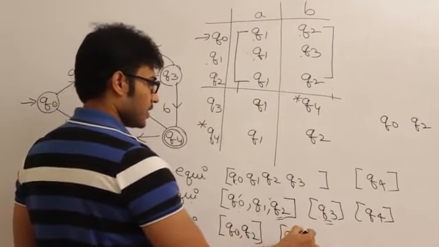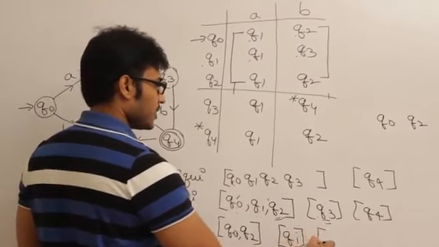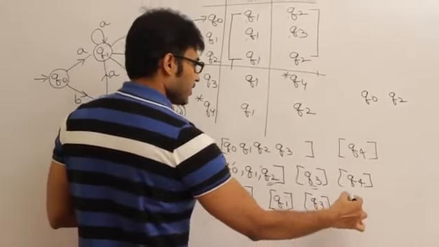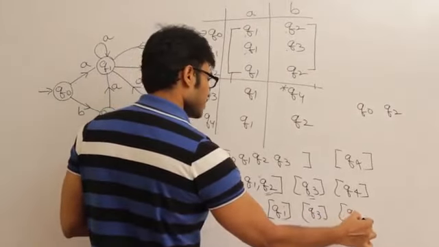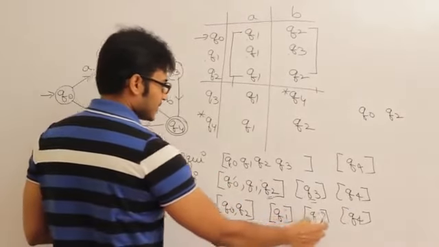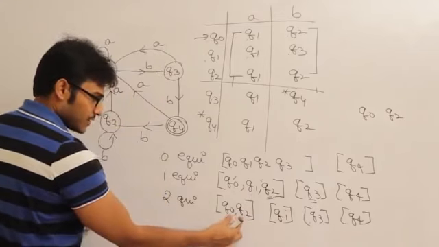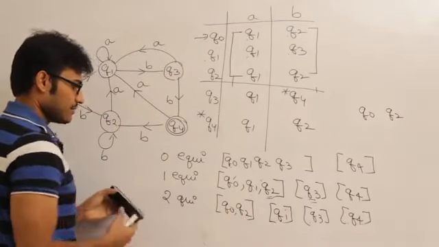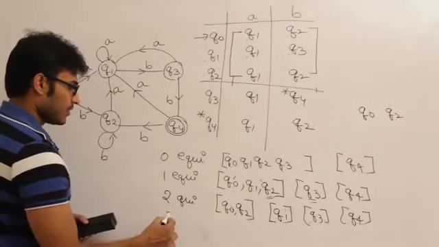Now what about Q1? It got separated. What about Q3? It got separated earlier. What about Q4? Yes, got separated. So these states are saying that they are not equivalent with any other states, therefore we have to have at least these 3 states, and now I don't know whether these 2 are going to be in the same group in the 3 equivalent or not.